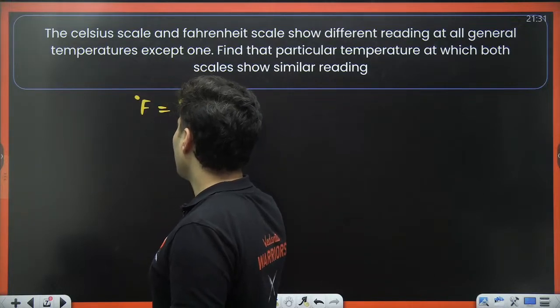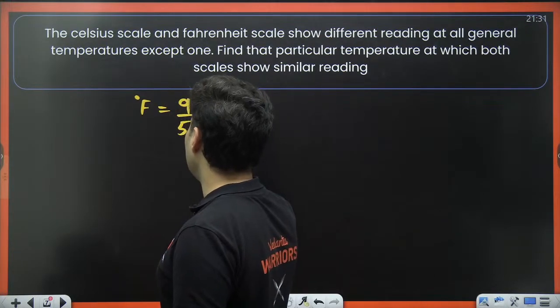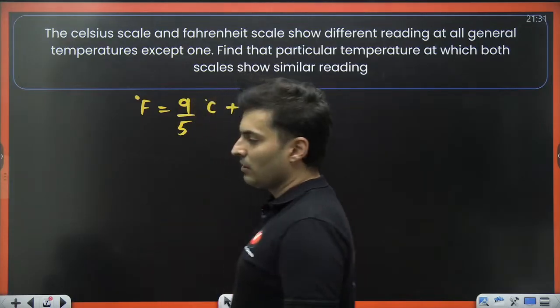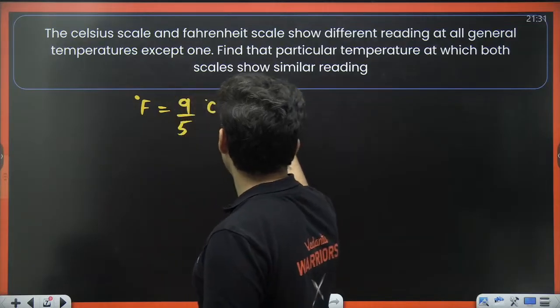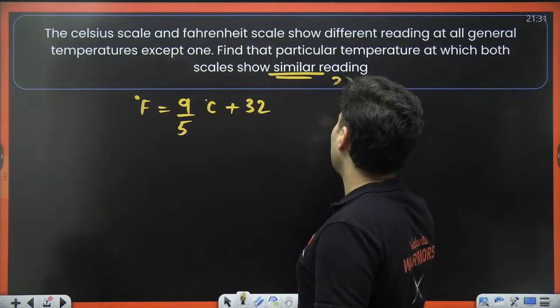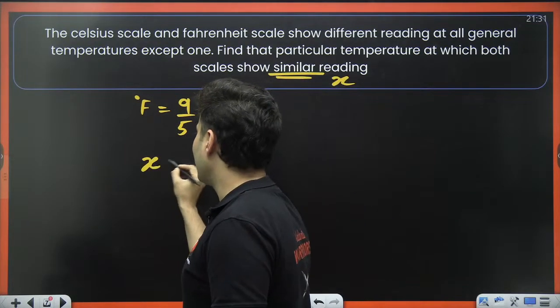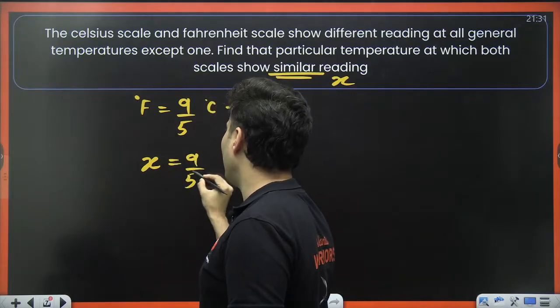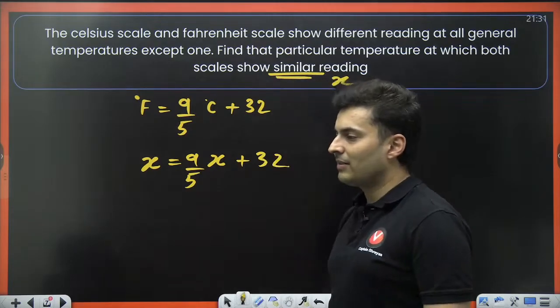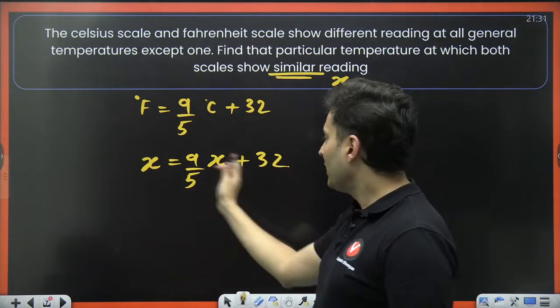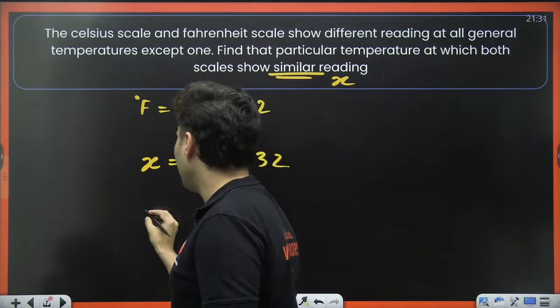So first of all, write the conversion formula. Degree Fahrenheit is 9 by 5 times degree centigrade plus 32. Correct? So let's assume the same value is basically x. So therefore, x is equal to 9 by 5 times x plus 32. Now rearrange. Shift 9 by 5x over there.